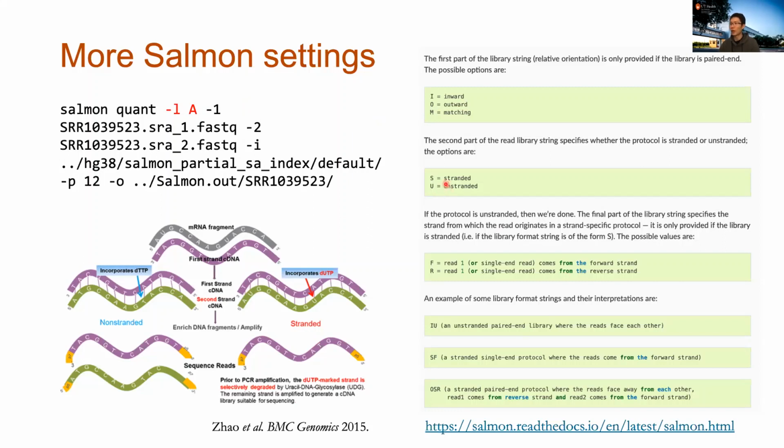Also, I think most of the RNA sequencing now is stranded, so you can specify this here. The difference between stranded and unstranded is that DNA is double stranded, but messenger RNA is mostly single stranded. When we convert it to cDNA, we generate the complement strand, so it's two strands, double stranded.